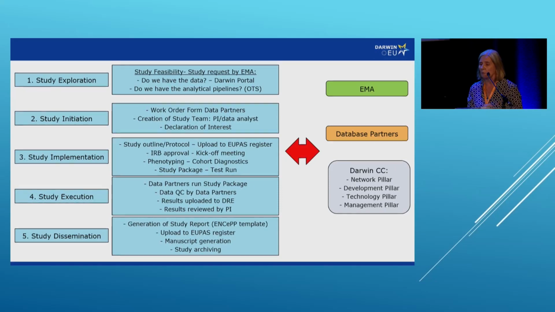If they are happy with the report, we're going to upload the report to the EU PAS register, draft a manuscript, and then do the study archiving. And what I showed at the right is extremely important. Of course, it's in close collaboration with EMA, with the data partners, and then within all people of the Darwin EU Coordinating Center.